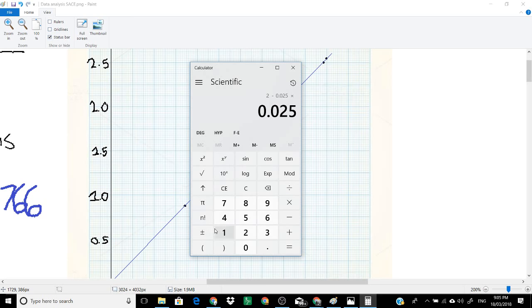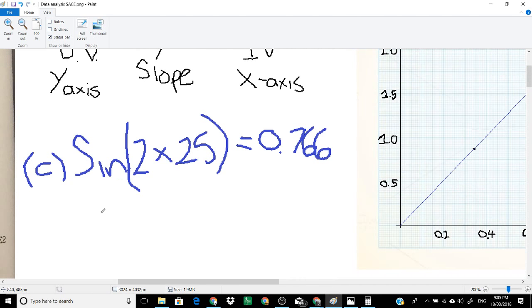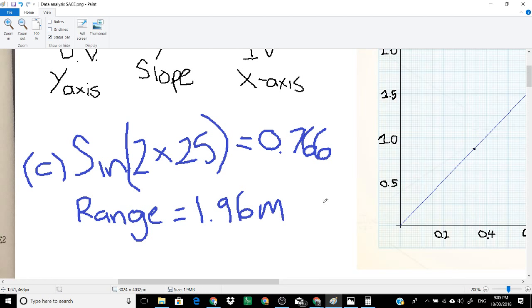That should work out okay. Yeah. So round off there. It's about 1.96. That's what I'm going to say. Range. Okay, range is 1.96 meters.